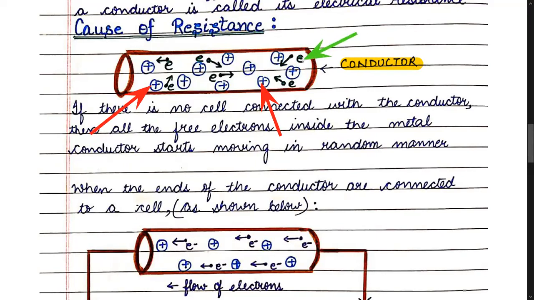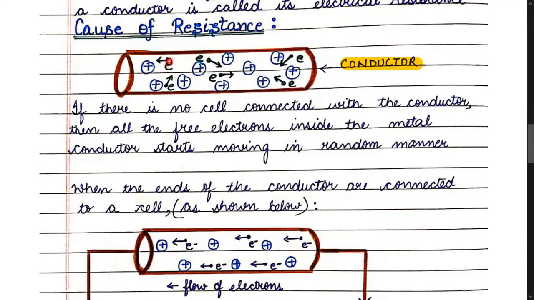No. So we have positive ions and negative electrons. As you can see in the diagram, the electrons are moving randomly. Positive ions do not move, but electrons move randomly.